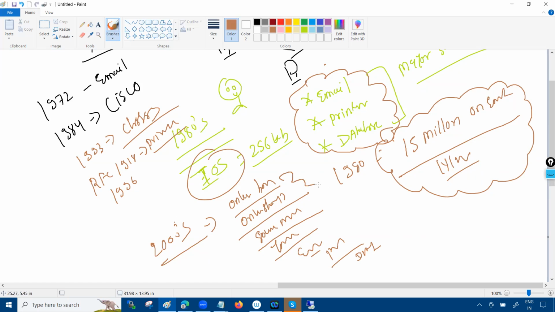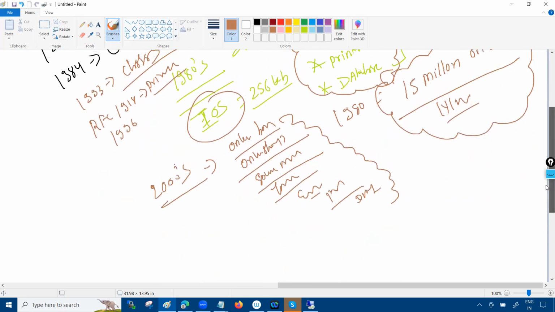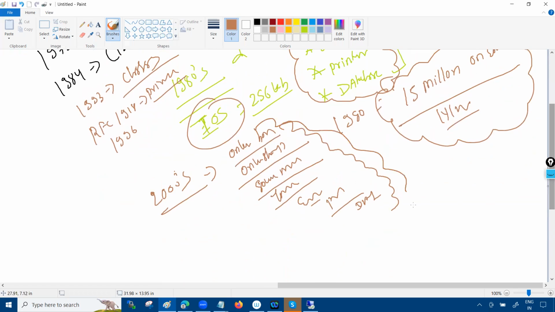To maintain all these services, because the users were huge in the 2000s time. Can you see that in 1959 only four PCs were there? Then in the 90s, 15 million users, and in 2000 the services came in the picture. To maintain these services, iOS was not sufficient.